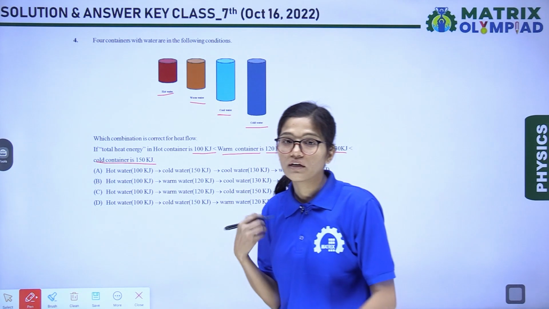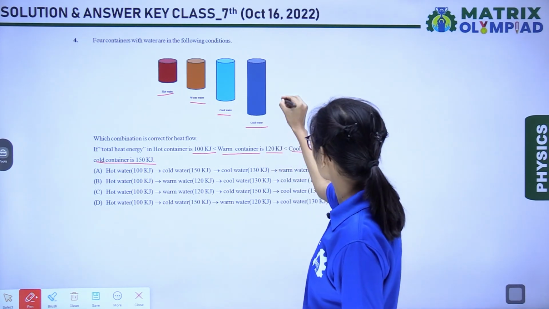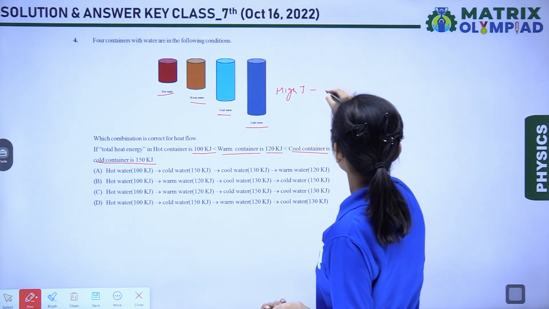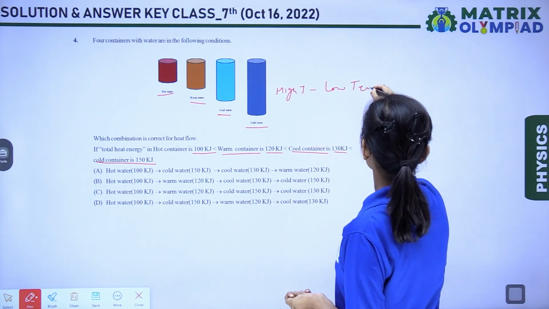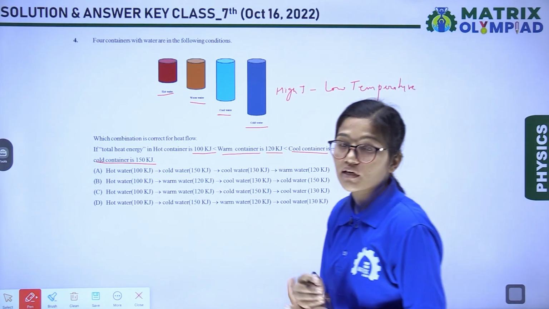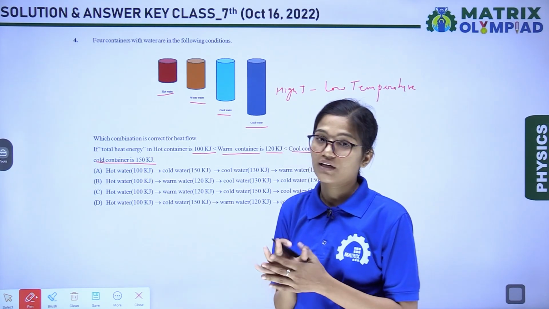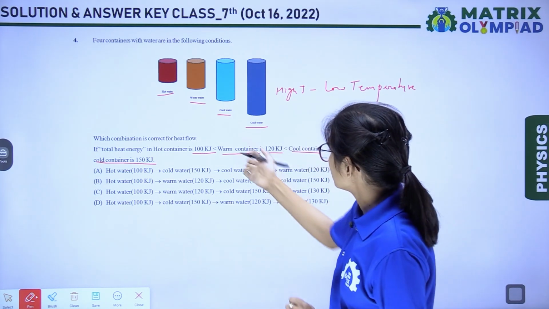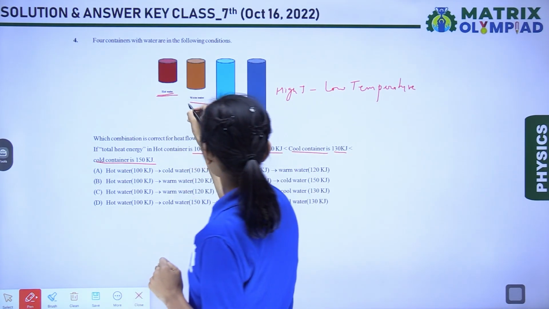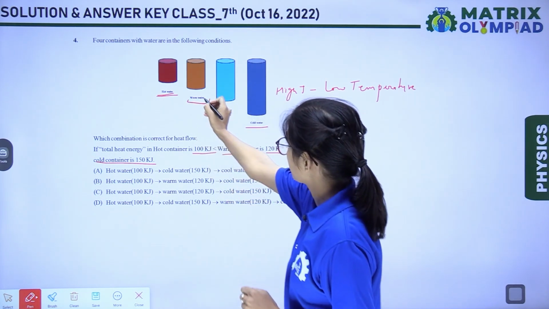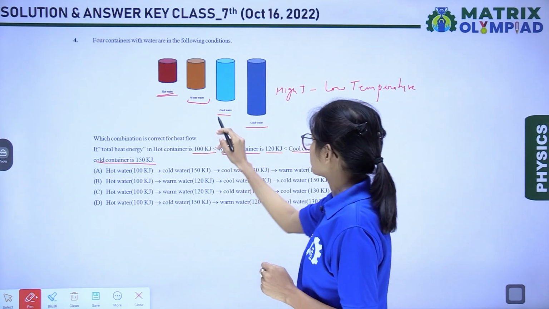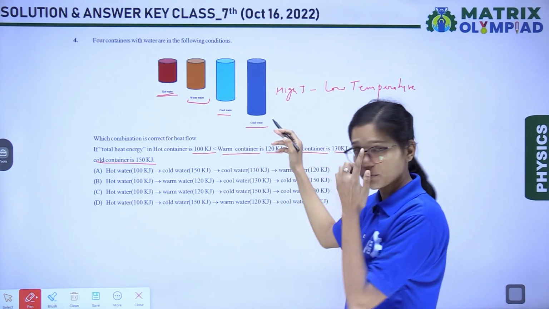You know that heat energy is transferred from high temperature to low temperature. The transfer of heat energy is independent of the heat energy that the object has itself. The hot object has the highest temperature, the warm water has a lower temperature than hot water, and the cold water has the minimum temperature.